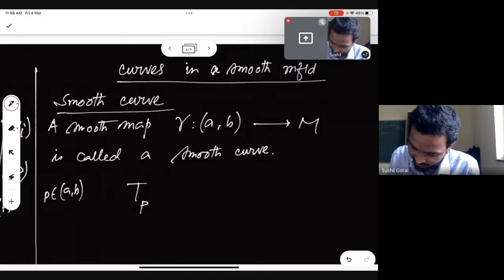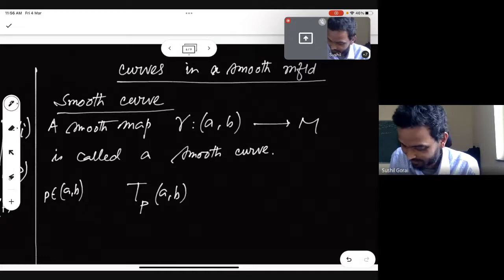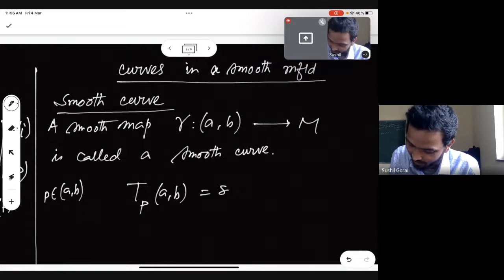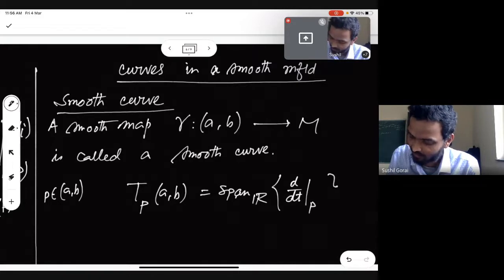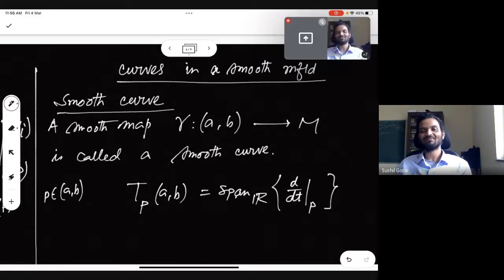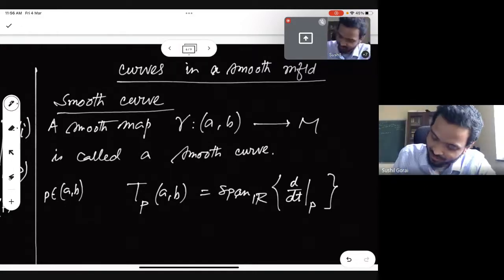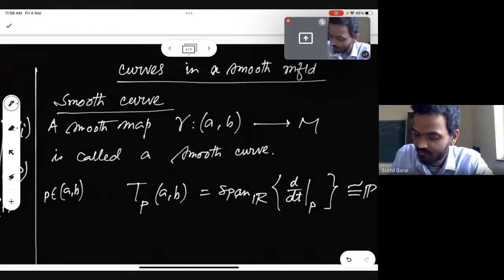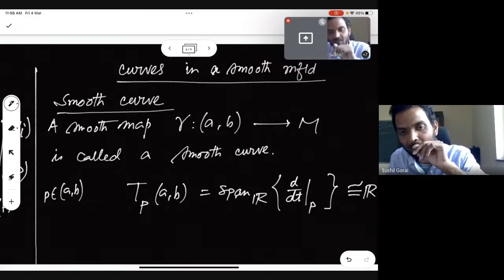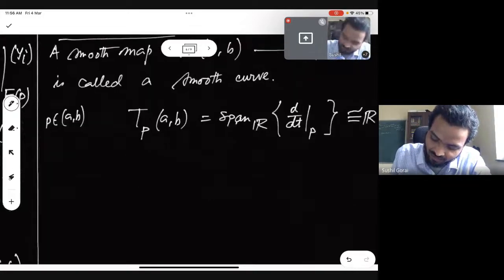Then T_p of the interval AB is the span over R of d by dt at p. There should be no confusion in that. So this is the tangent space of an interval, which is isomorphic to, of course, R. You multiply by a constant coming from R, that gives you the isomorphism.